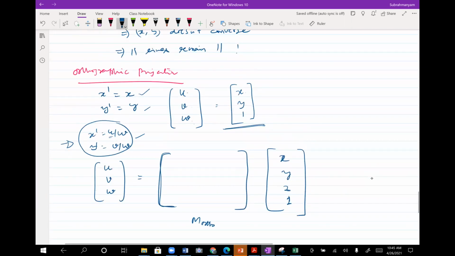This is, by the way, 3 cross 1, this is 4 cross 1, so this is obviously 3 cross 4. Now you tell me what is the first row. This is 1, and then what? 1, all zeros. And what about the second element? 0, 1, 0, 0. And what about the third one?